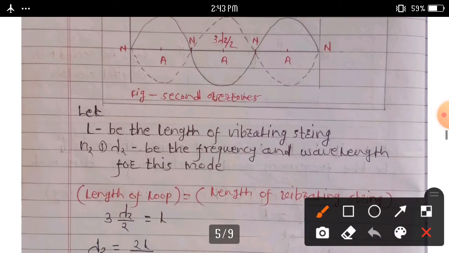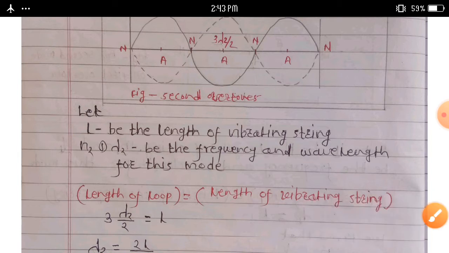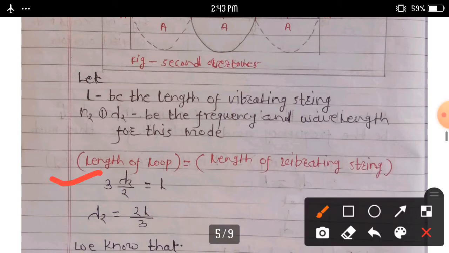Let small l be the length of vibrating string, and n2 and lambda 2 be the frequency and wavelength for this mode. Then the length of loop is equal to the length of vibrating string.